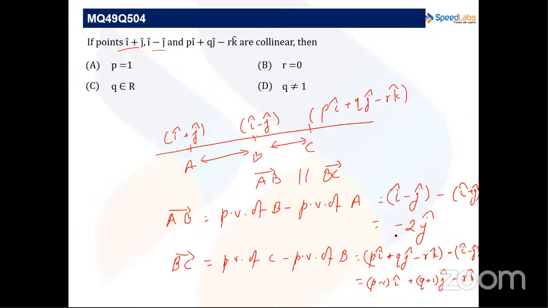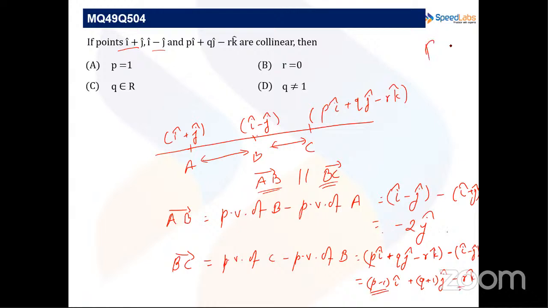See, if these two vectors are parallel, then the coefficients along the x-axis, y-axis and z-axis, that is the coefficients of i cap, j cap and k cap, should be in the same proportion. Here we have no coefficient of i cap and no coefficient of k cap. These two are 0, so here also these two should be 0.